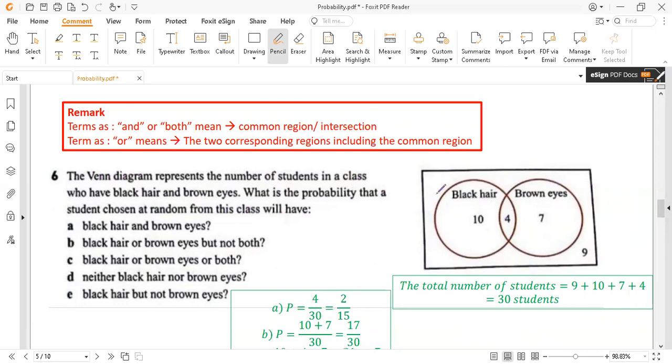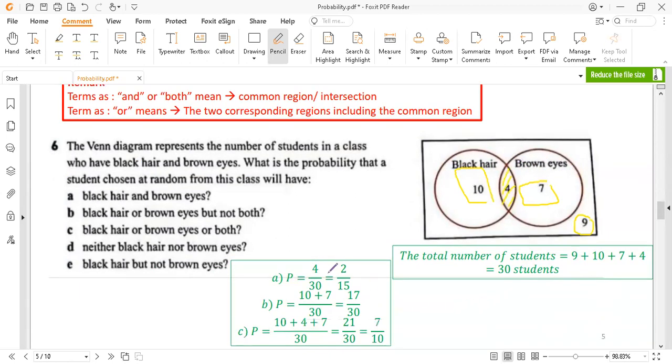So normally here we can remark clearly that this region is for the students who have black hair and brown eyes, the intersection between them. We have 10 with black hair without brown eyes, and we have 7 students with brown eyes without black hair, and we have 9 students with neither black hair nor brown eyes.